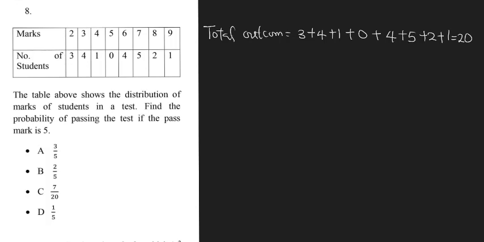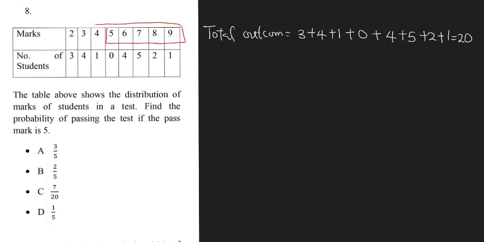This is the sample space or total outcomes. So remember that we are asked to calculate the probability if the passing mark is 5. So what is the probability? As we say, the pass mark is 5, so anything below here is not allowed. It will be fail, right? So now, how many numbers do we have from 5 up?